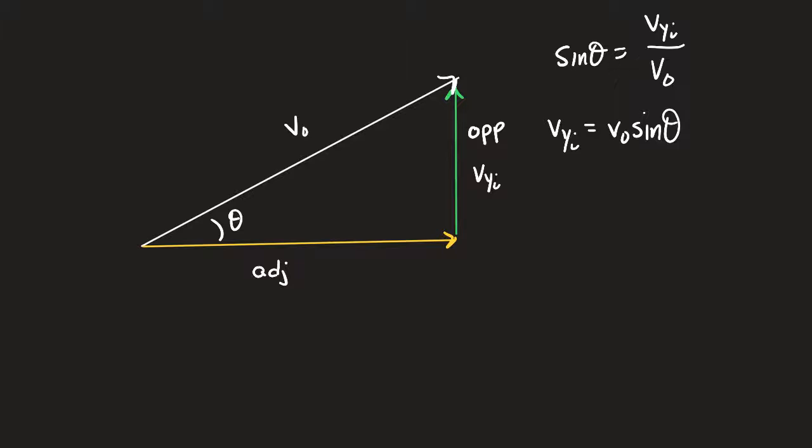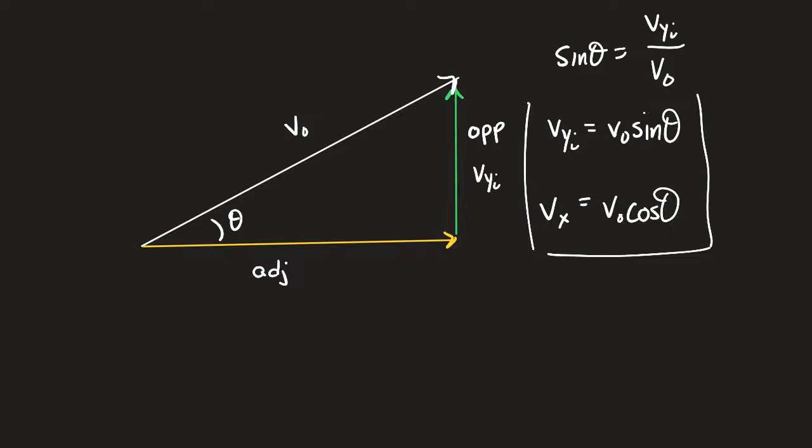It's the sine portion. And look, I really don't want to do this, so I'm just going to write it because I think you guys are smart enough to realize that the very next step here is to see that the horizontal one's the adjacent side. That's Vx. If you want to save a little time, just keep those in mind.